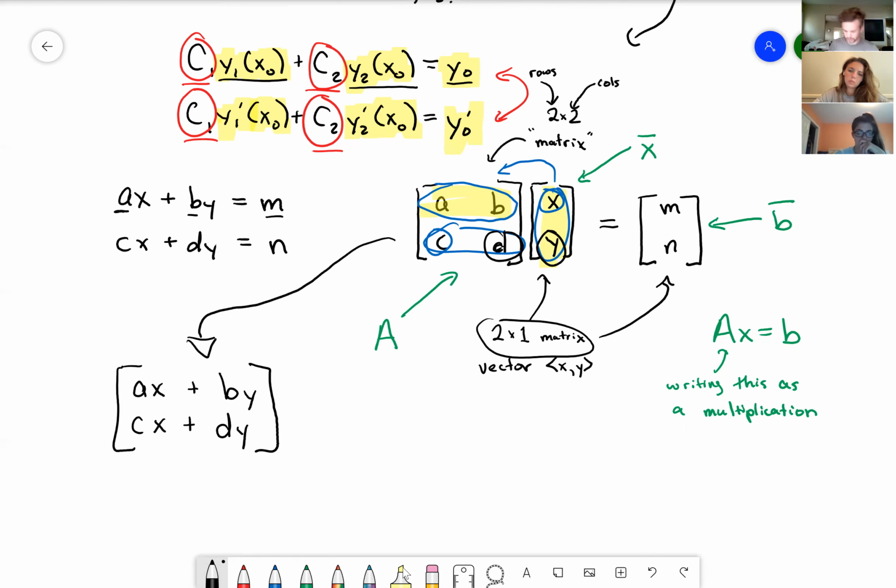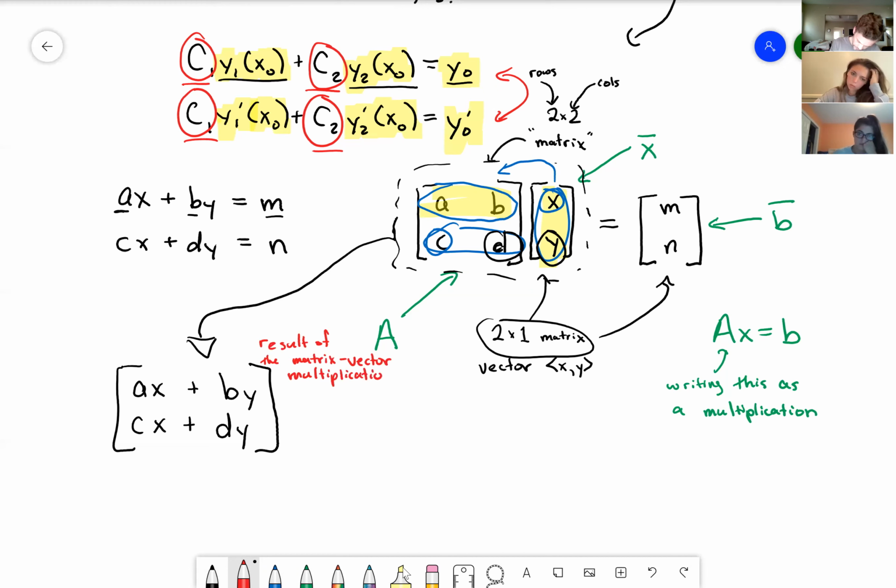And so this is the result of this multiplication right here. So this is the result of the matrix vector multiplication.